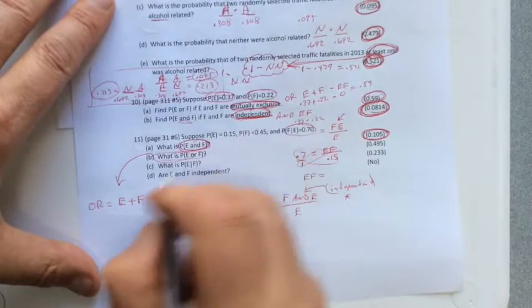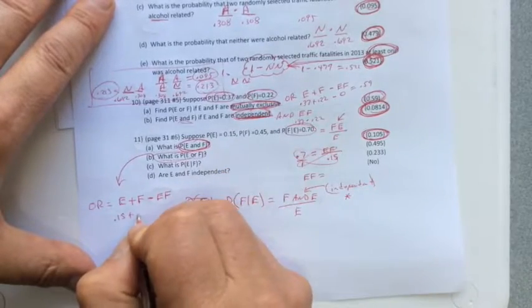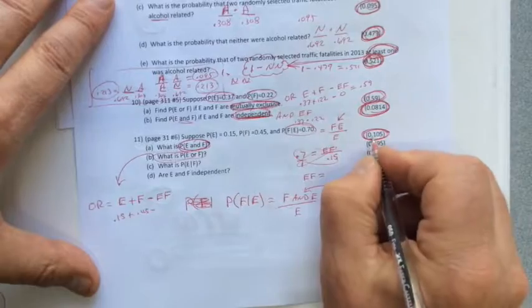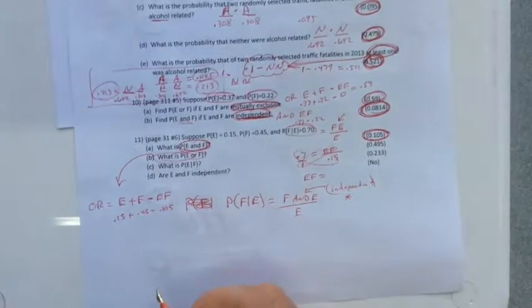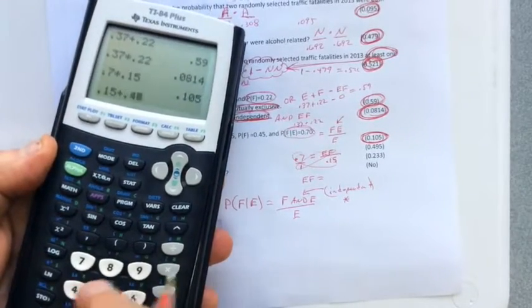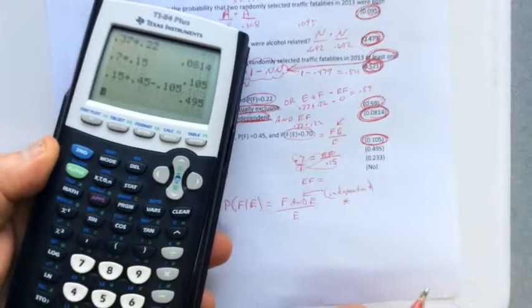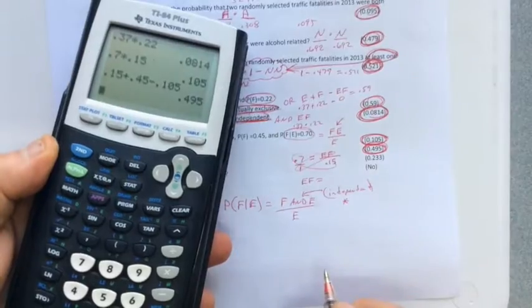So E is 0.15, F is 0.45, EF was 0.105. So 0.15 plus 0.45 minus 0.105 is 0.495, which is where they're getting that number from.